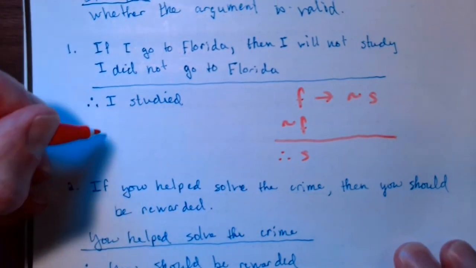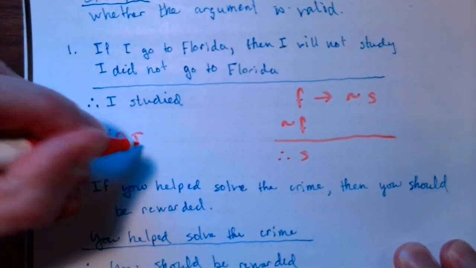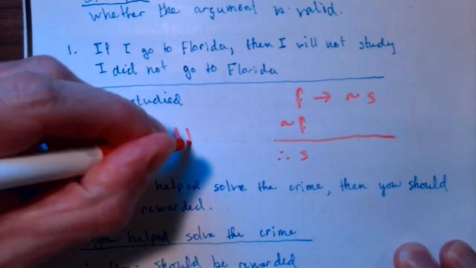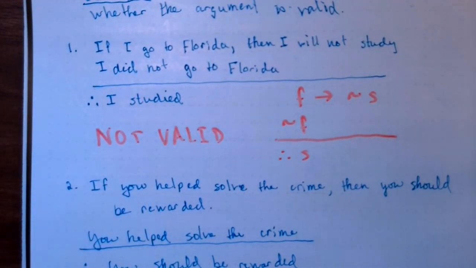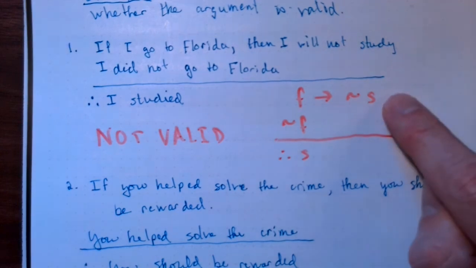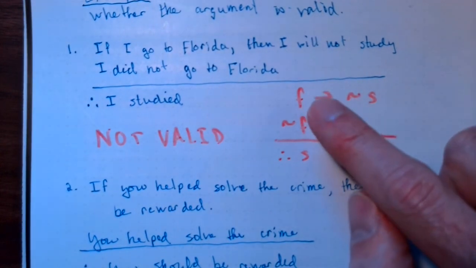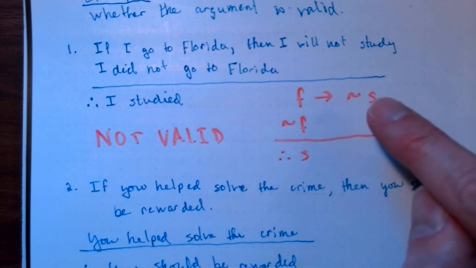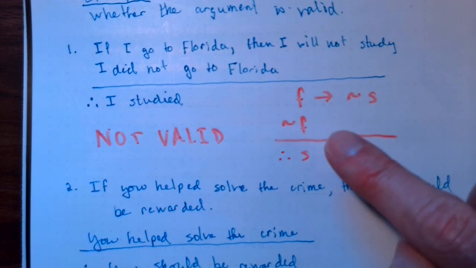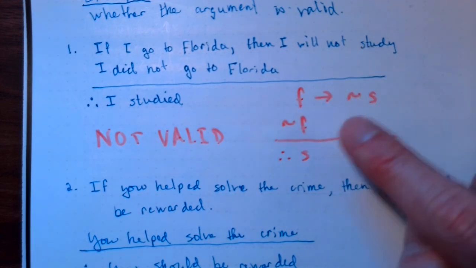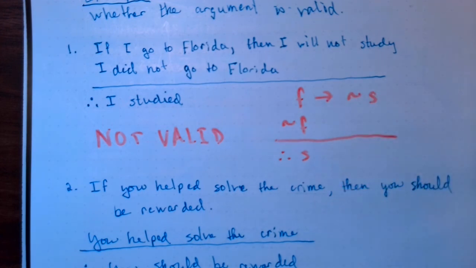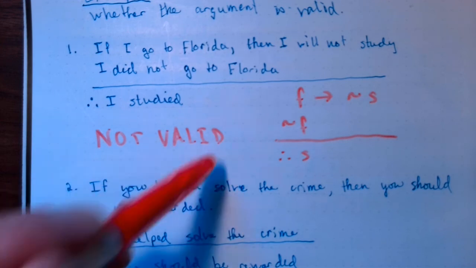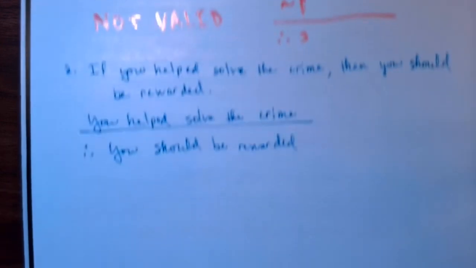So this is not matching up with that form. This is not valid reasoning. This first premise tells us what happens if you go to Florida. It doesn't say anything about what happens if you don't go to Florida. So we cannot conclude anything about whether or not the person studied from this argument. This is not a valid argument.